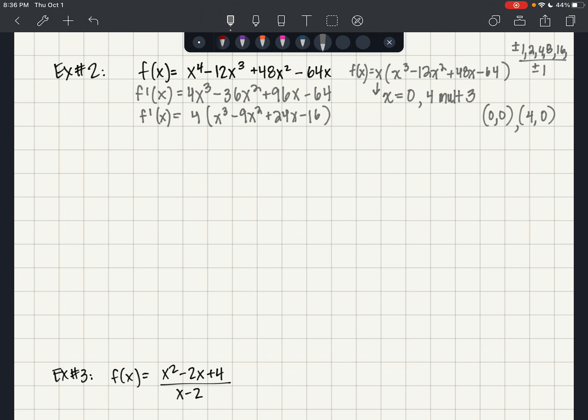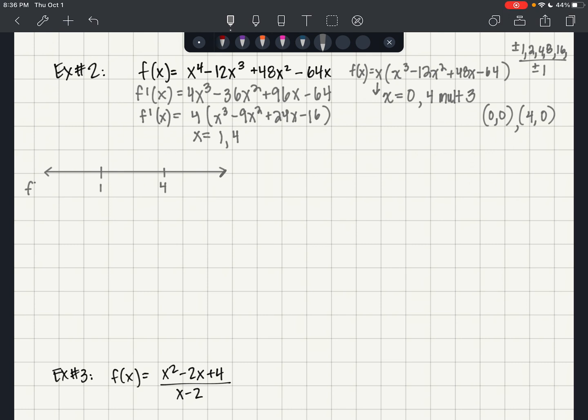Once again, I would do some synthetic division here, and I would find that my x values are 1 and 4. There's a multiplicity involved there. I think I need to make this a little bit longer and a little bit straighter because it was bugging me. There, it's much nicer.